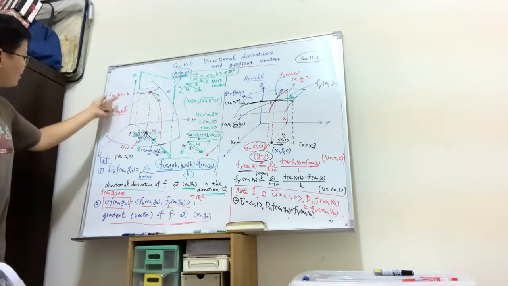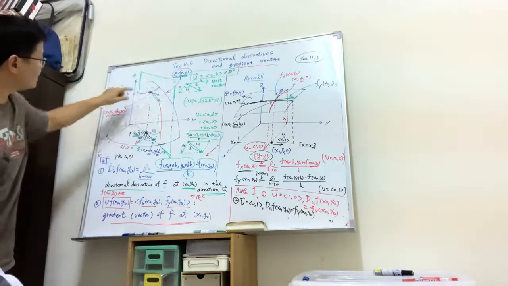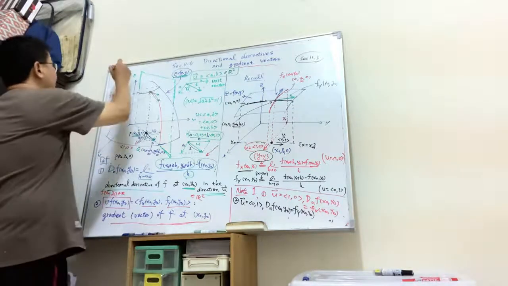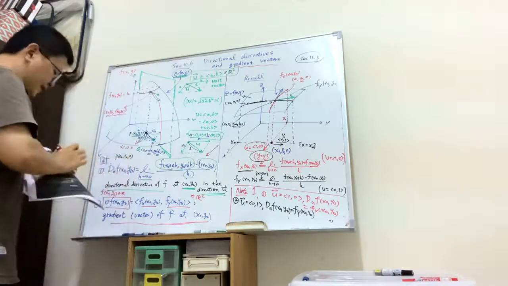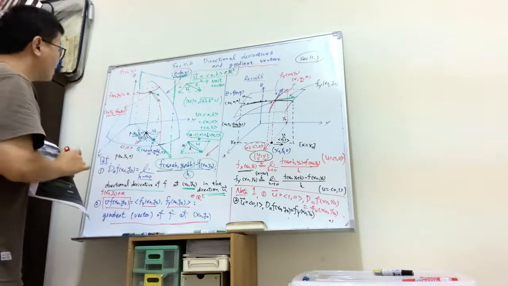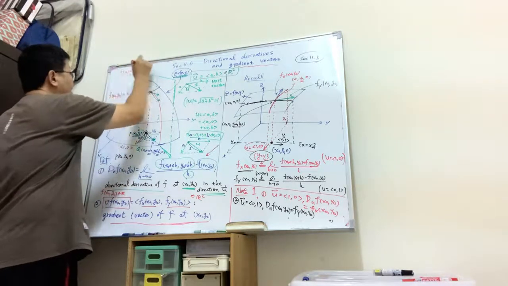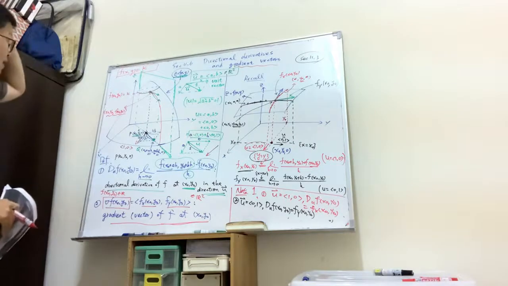If we denote this value by k, now we consider the function whose height is k. I mean, we consider f of x, y equals k. It's like the level curve. It means the level, and it's related to the level curve.